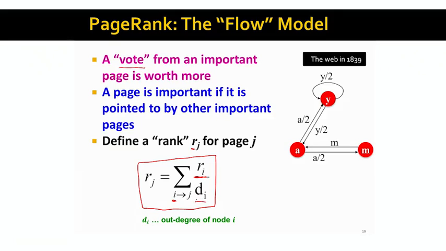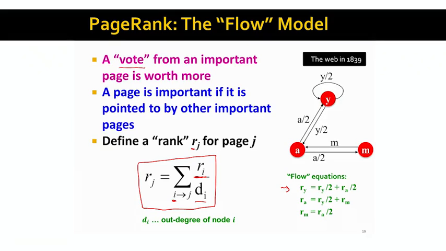So this means that for every node in the network, we obtain a separate equation. For example, the importance of node Y in my network is simply the importance of Y divided by 2 plus the importance of A divided by 2. Why is that? Because Y has 2 outgoing links. One link points to itself, so it's r_y divided by 2.